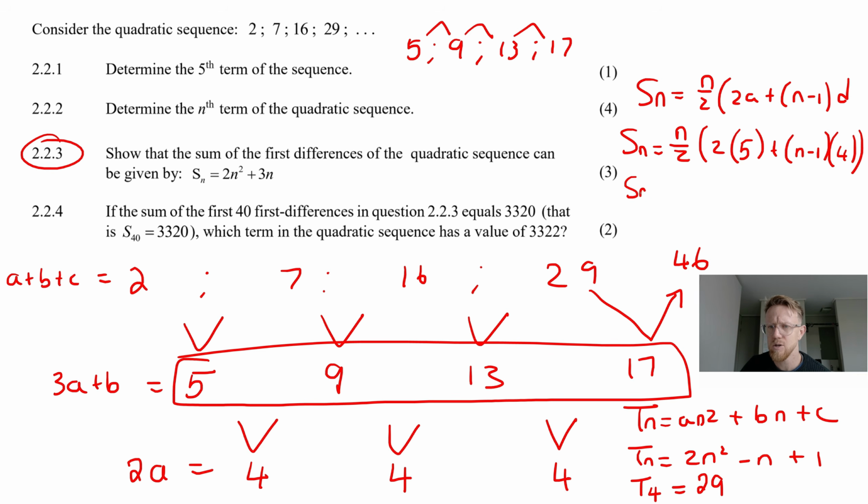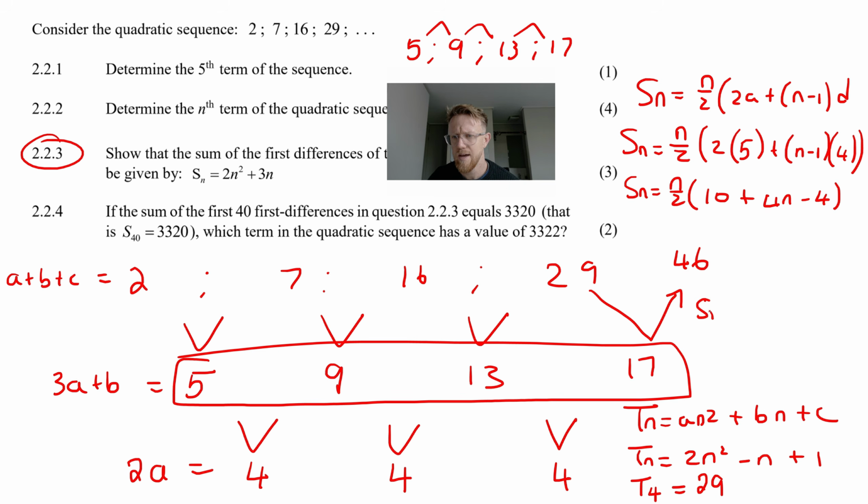Okay, now we're just going to simplify. So 2 times 5 is 10. And then I'm going to multiply this 4 into this bracket, so it'll become plus 4n minus 4. And so Sn is going to end up being n over 2 times, now 10 minus 4 is 6. Okay, and now we are just going to multiply in.